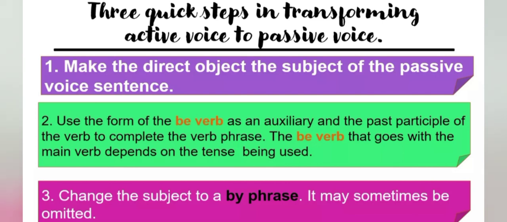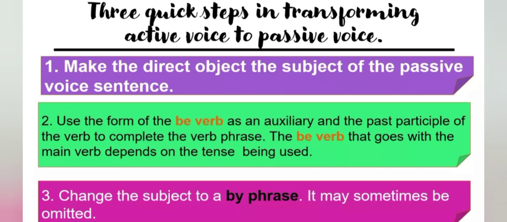In these examples, I will be differentiating how to change active to passive using the simple tenses: simple present, simple past, simple future, and I'll also be using one sentence in different tenses and then change it from active to passive. There are three quick steps in transforming active voice to passive voice.